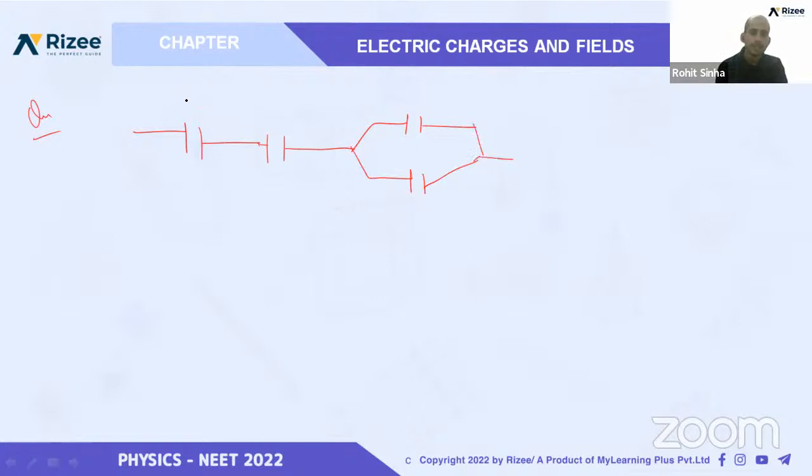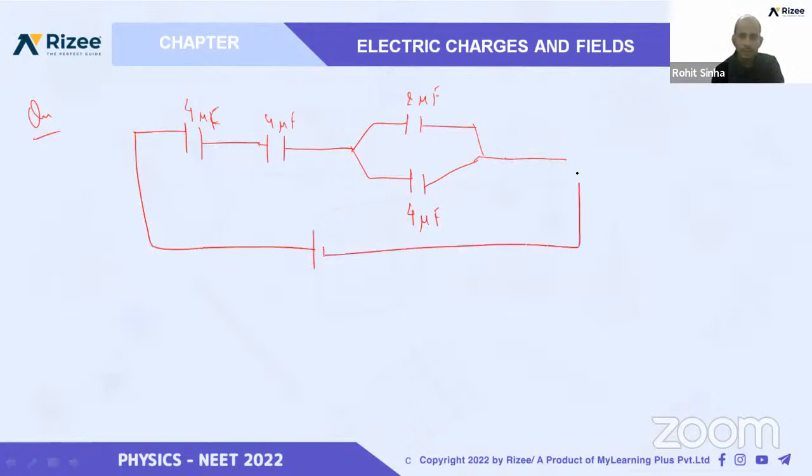It is having 4 microfarad, 4 microfarad, 2 microfarad, and it is having 4 microfarad here. Okay, and it is connected with a 10 volt battery. We have to find this Q.